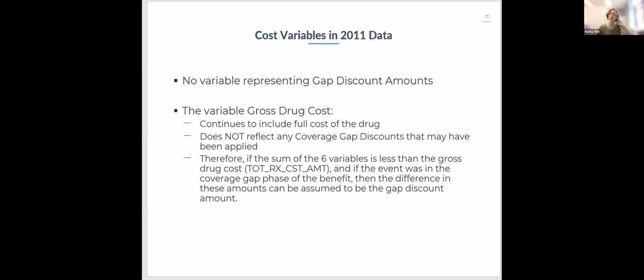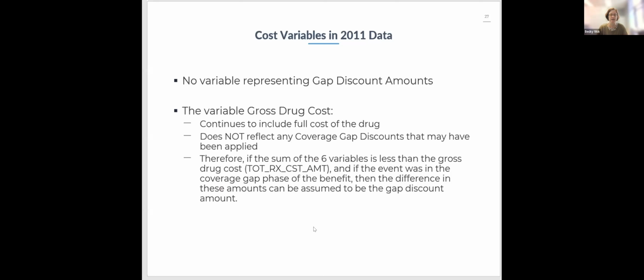So the gross drug cost, the total drug cost variable, continues to include the full cost of the drug, but you can calculate the gap discount by taking the sum of 6 variables and then subtracting that from the total drug cost.